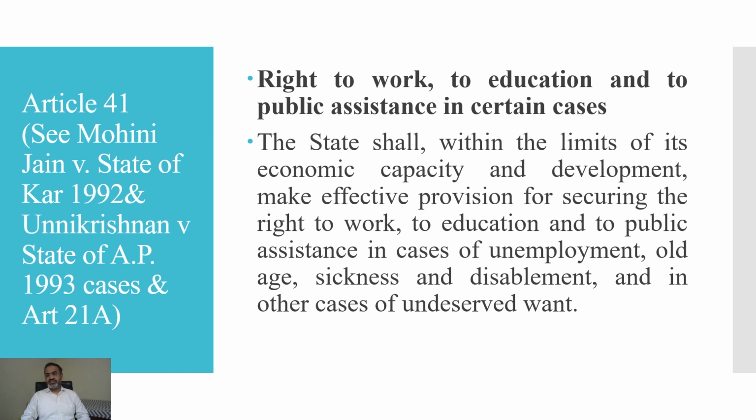So university education, even education beyond primary education, the court said, remains subject to the limits of the economic capacity of the state, and therefore that cannot be covered under Article 21. So Unnikrishnan restricted the ambit of the right to education falling within the right to life.